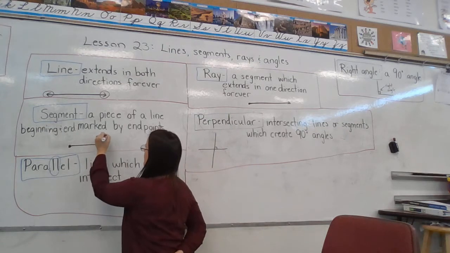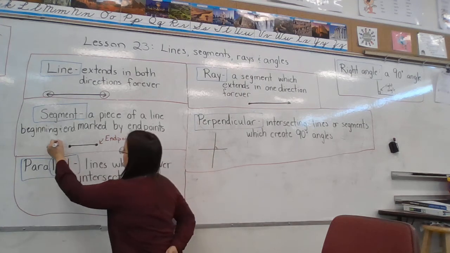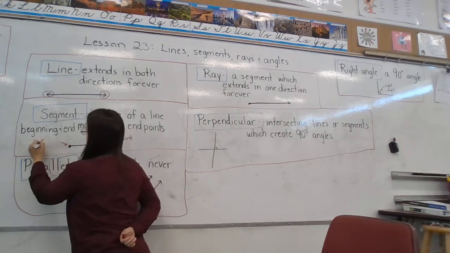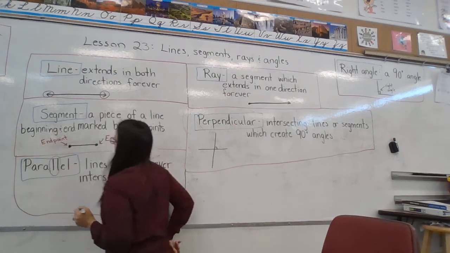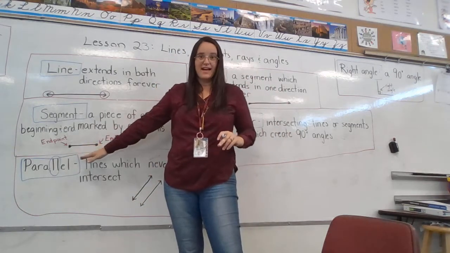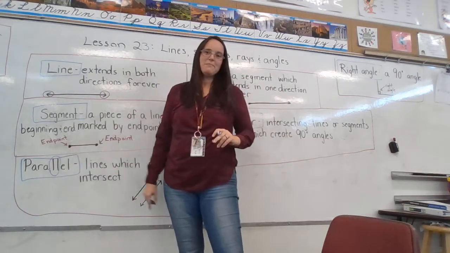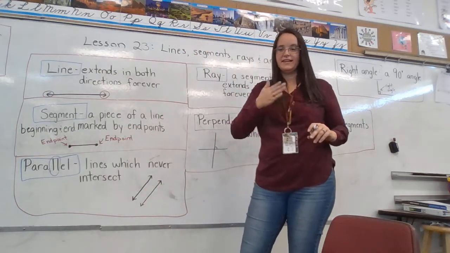So this right here is an end point, and this one is another end point. Even though this one's at the beginning, it's called an end point. Okay? So when we say get in a line, what we're talking about is make a line segment, because there's going to be a starting spot and a stopping spot.